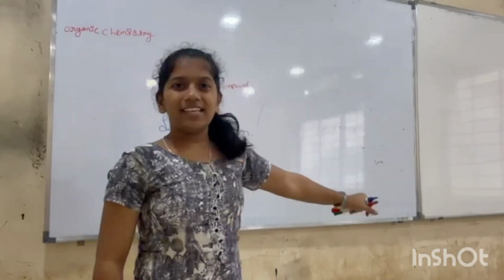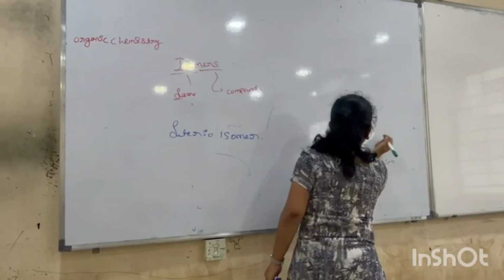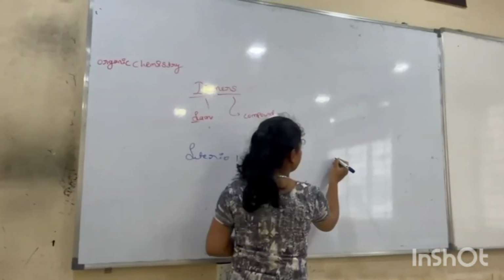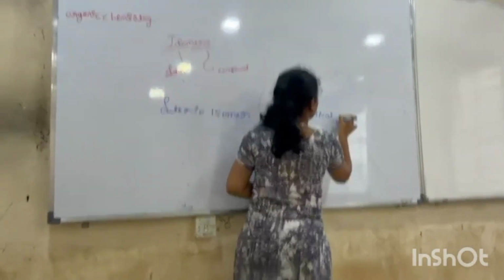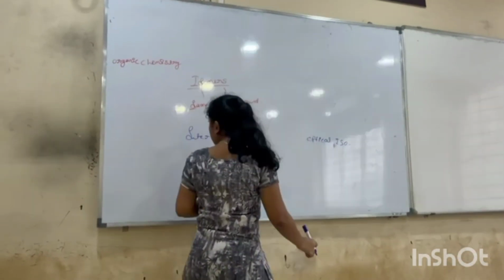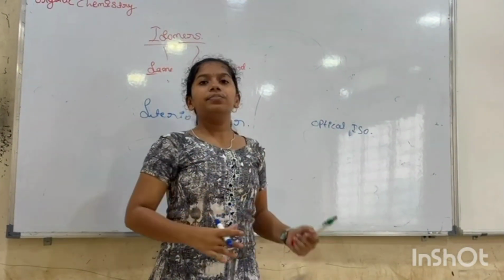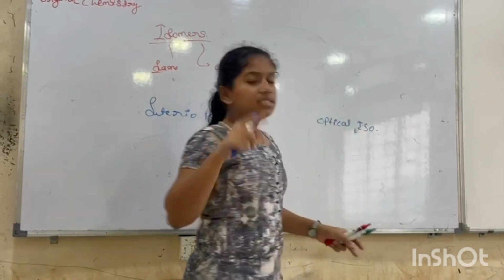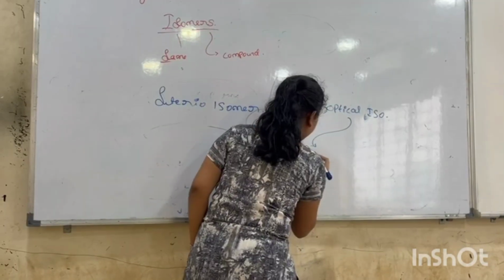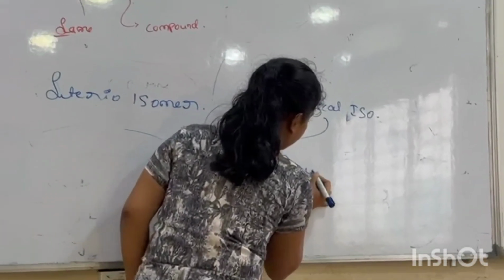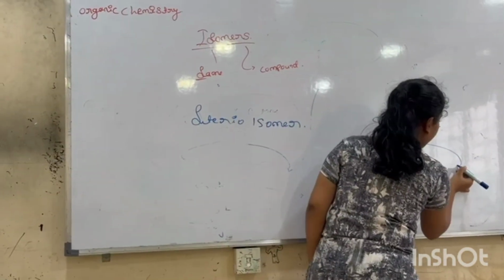Next one is optical isomer. Optical isomer means there are two types: optically active and second one, optically inactive.